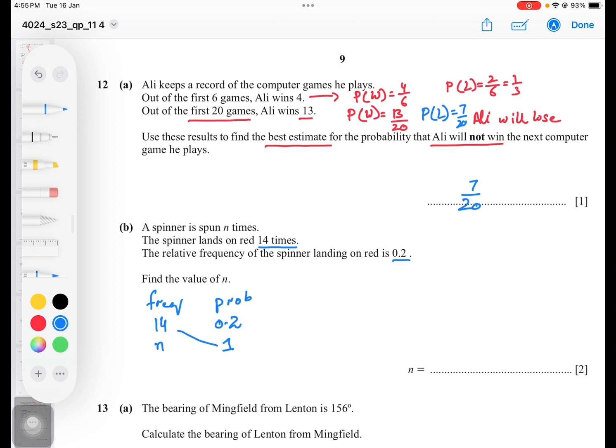We know very well how to solve this. 14 multiplied by 1 is equal to n multiplied by 0.2. So n is equal to 14 over 0.2. So I'll take the jump to remove the decimal. So it will be 14 over 2. Oh no, this is 140 actually. So this will be 70.